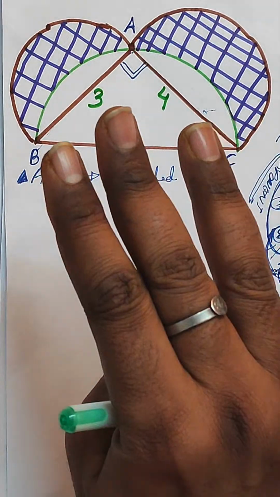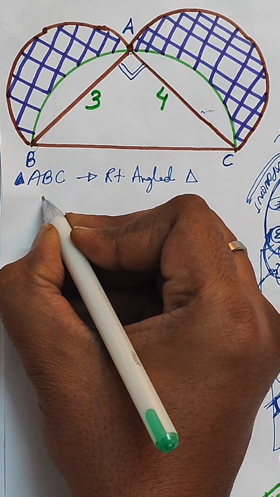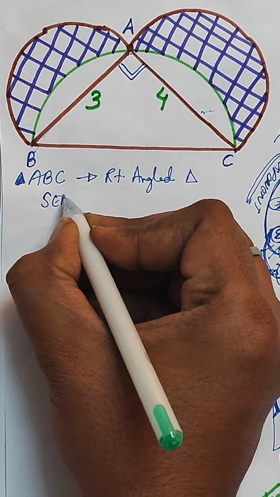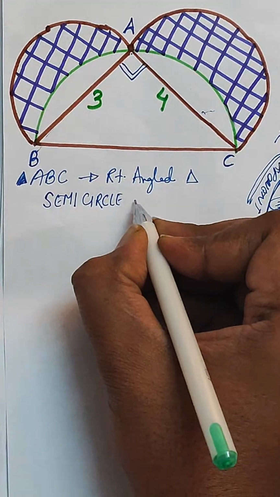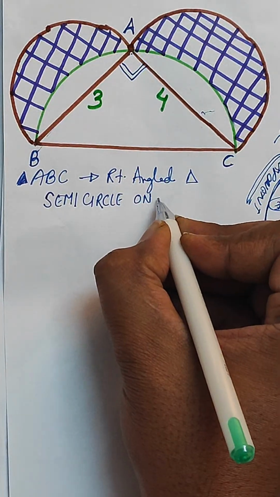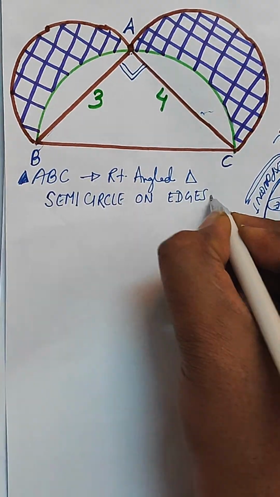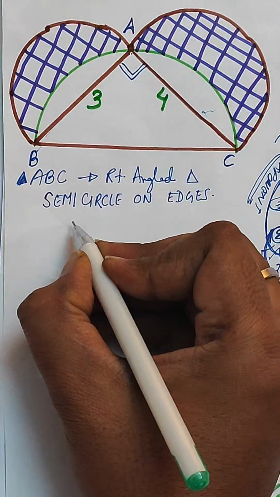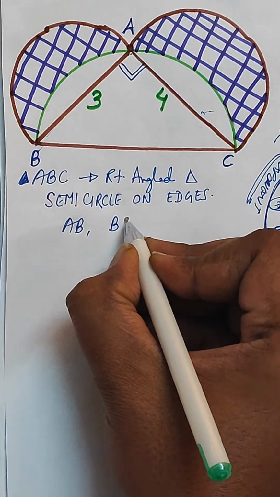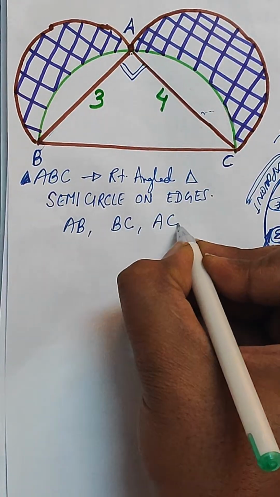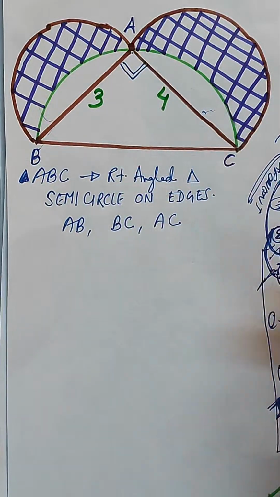So three semicircles are drawn on the edges of the triangle AB, BC, and AC. So on all the three sides, semicircles are drawn, right?